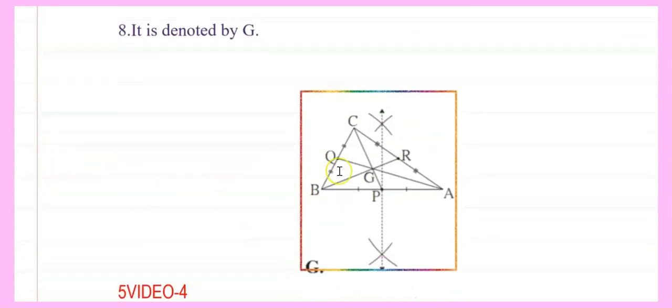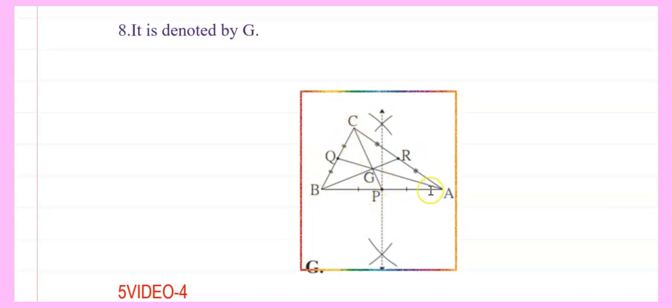Now see this figure. First we draw the median from the point C. For that, we will require the midpoint of segment AB. Draw the perpendicular, and you will get the point P. Then join these two points. This is CP, the first median.